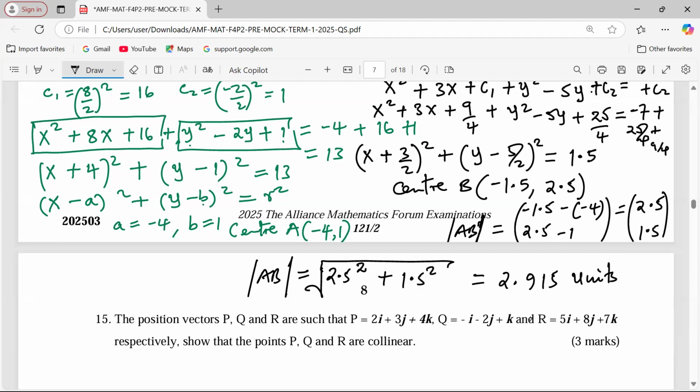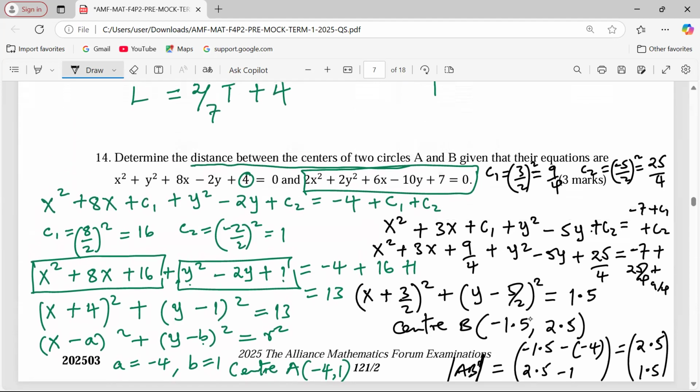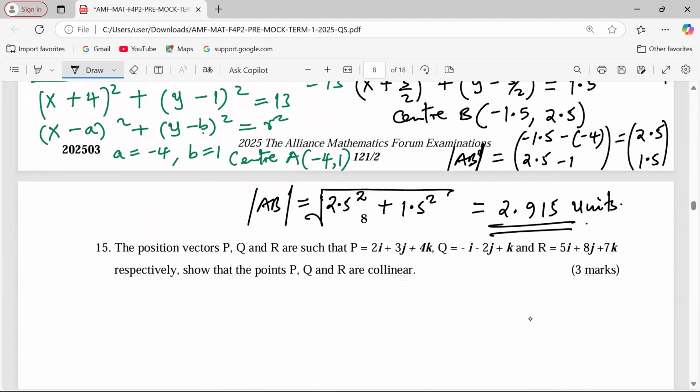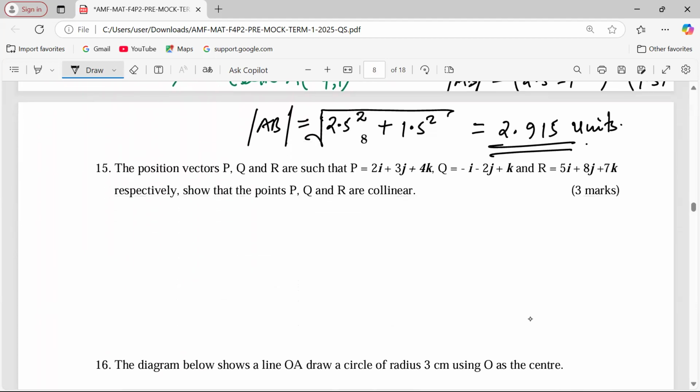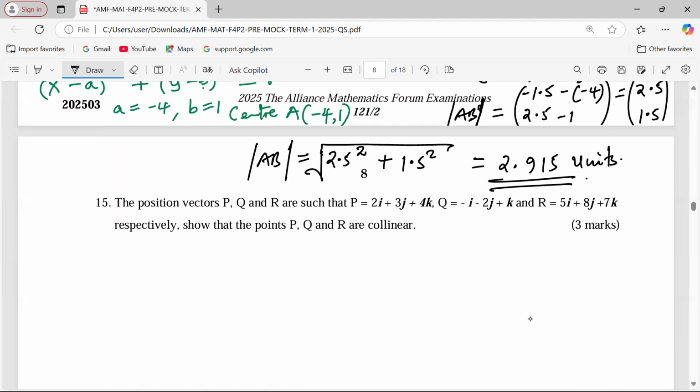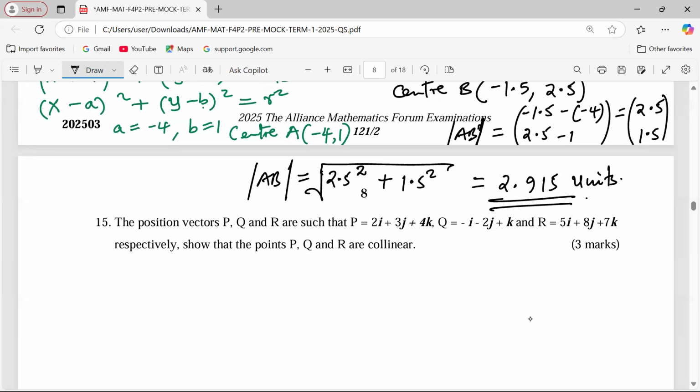Because it's a distance, we write units. Yeah, that is it. So we have applied the equation of a circle together with vectors. Actually, the magnitude of a vector, which is in form 2, that is vector 1, because we are only having two components, x and y.